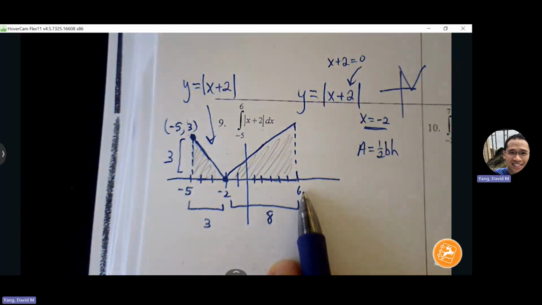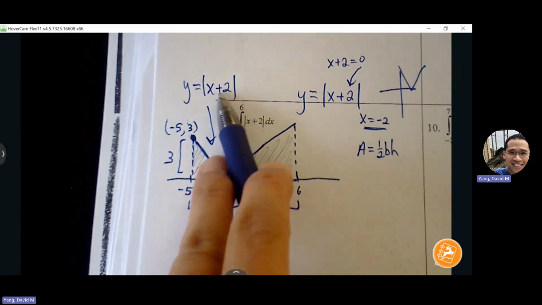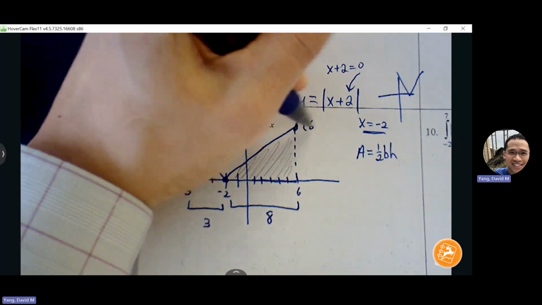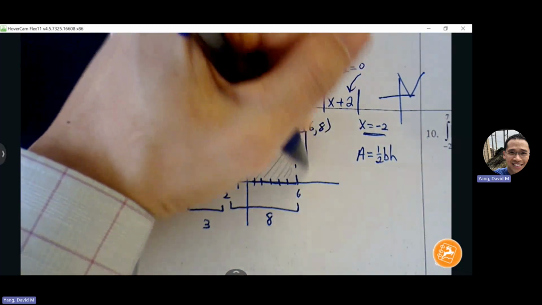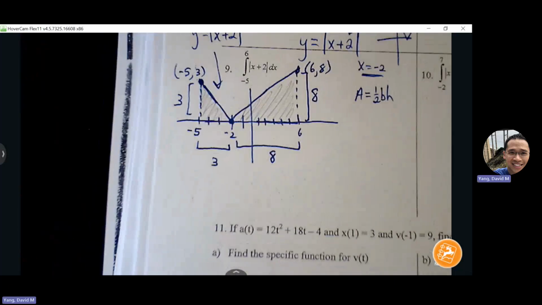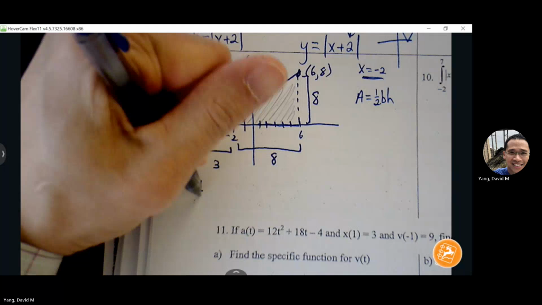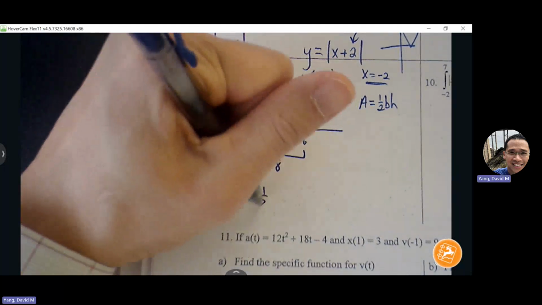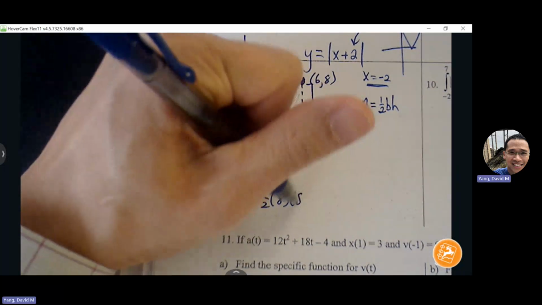And if I plug 6 in for x here, I get what? 6 plus 2 is 8. My ordered pair here is (6, 8). 8 is the y value. 8 is also the height of my second triangle. So if I add up the two triangles together, 1/2 base times height, plus 1/2 base times height.